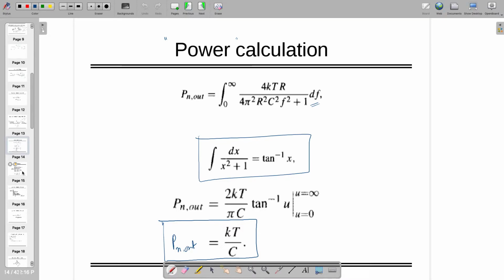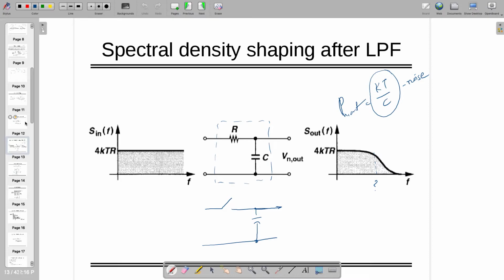If I want to decrease such noise, what do I need to do? What do you think? If this network is going to give me noise of 1 microvolt per root hertz, I want to reduce this, what can I do?